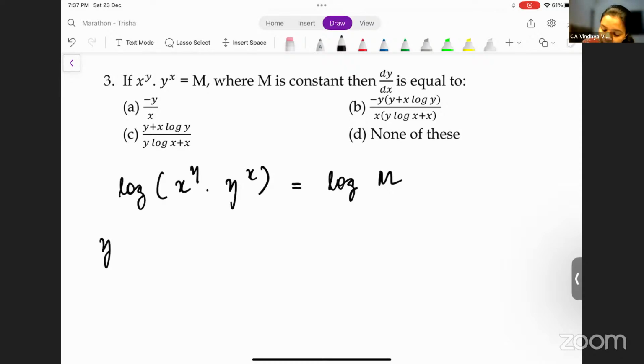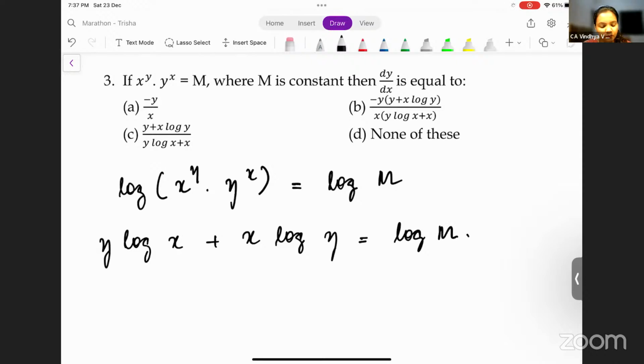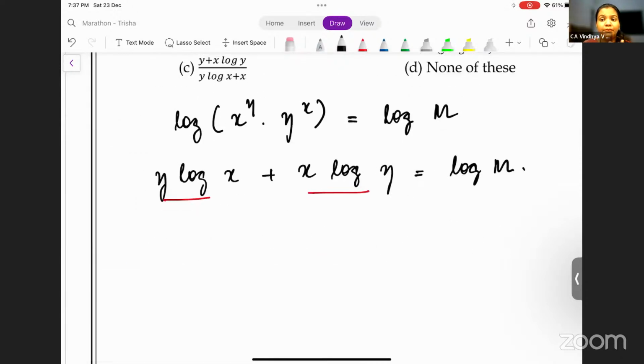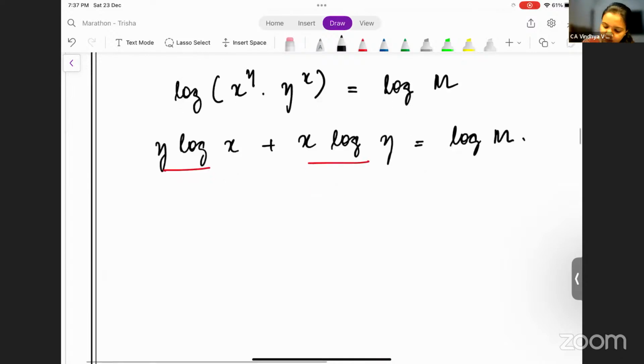So you get y log x plus x log y is equal to log m. Okay. Next, what you need to do is apply product rule here as well as here. What is product rule? First term into derivative of second term plus second term into derivative of first.